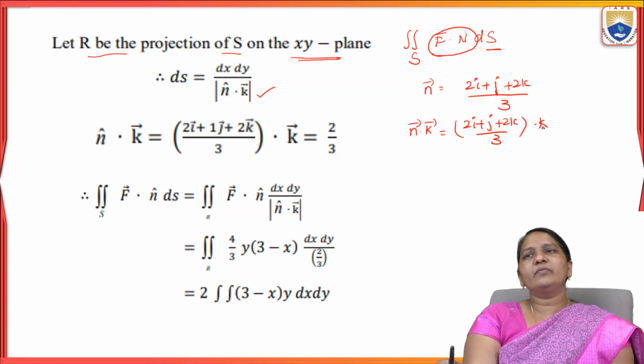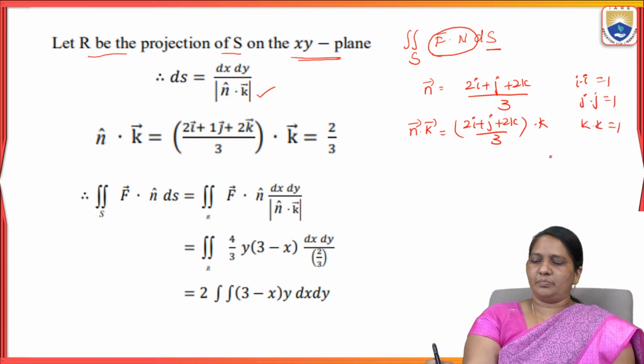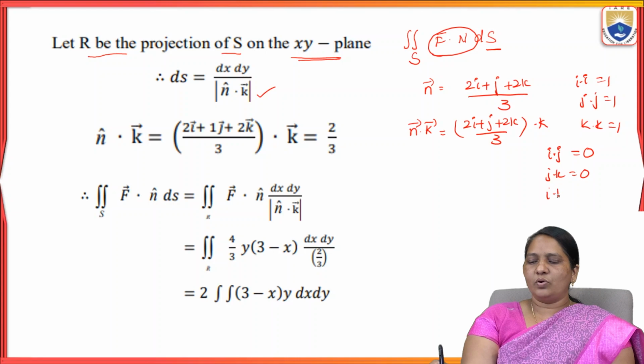Here we already know about the dot product. i·i is 1, j·j is 1, and k·k is 1. But if they are interchanged, that means i·j is 0, j·k is 0, i·k is 0. So if the vectors are different, we get 0.